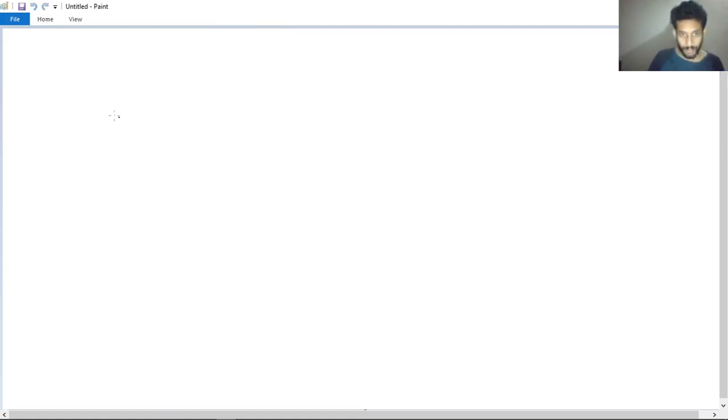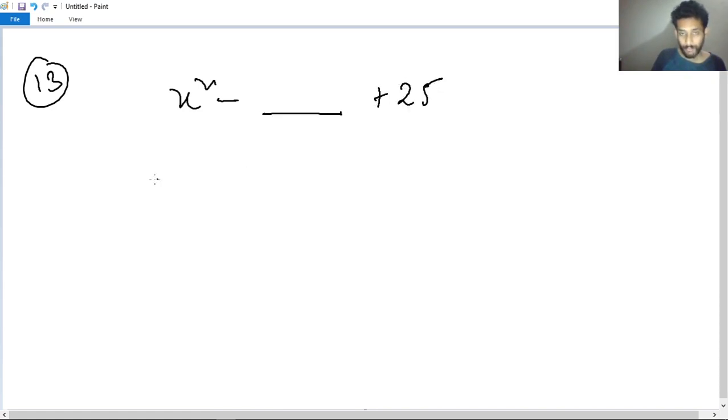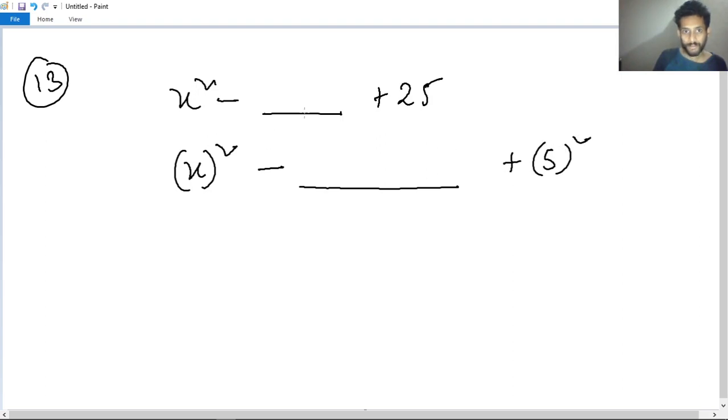Similarly, next question 13 is x square minus dash plus 25. So here x square is this, and this one is 5 square, so the middle part should be 2 into x into 5.